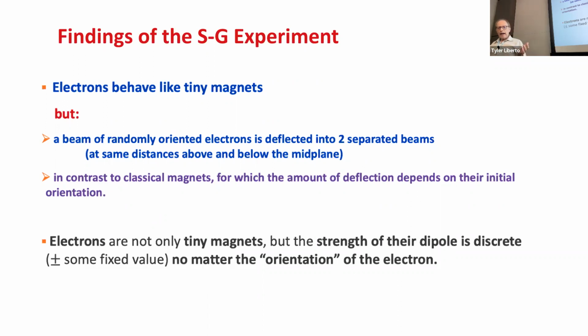So the electrons are not only tiny magnets, but the strength of their dipoles, the so-called magnetic moment of the electrons, is discrete. It is always either up or down, no matter which orientation the electron has.